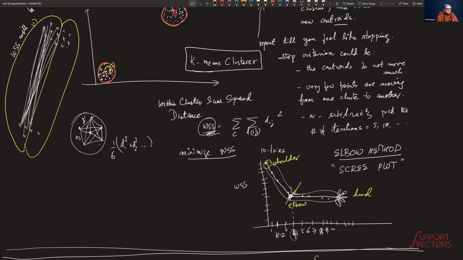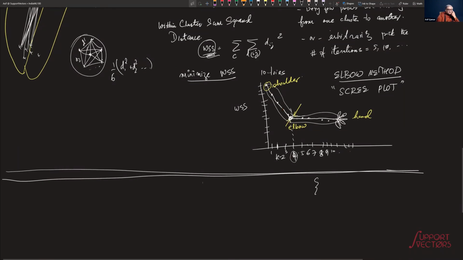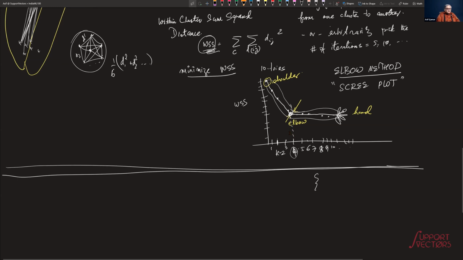The y-axis is the within sum of squares distance, the pairwise intra-cluster distances squared. That makes your WSS. At the end of the day, you take that point where the WSS stops decreasing rapidly, and you know that that is the number of clusters.